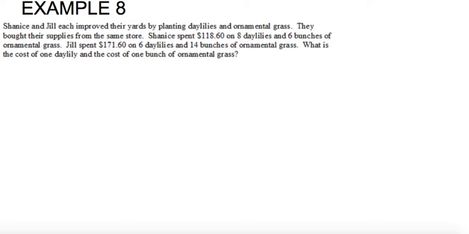So we're going to highlight key information here. Key information is that Shanice spent $118.60 on 8 daylilies and 6 ornamental grass. And then Jill spent $171.60 on 6 daylilies and 14 bunches of ornamental grass.